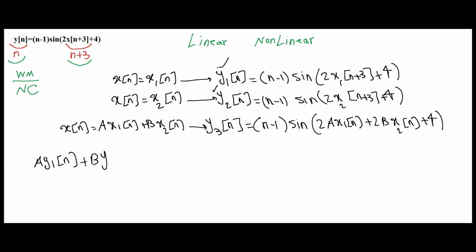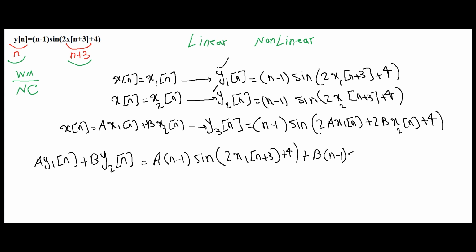Next, we form a y1[n] plus b y2[n]. This becomes a (n minus 1) multiplied by sine of 2x1[n plus 3] plus 4, plus b (n minus 1) multiplied by sine of 2x2[n plus 3] plus 4.